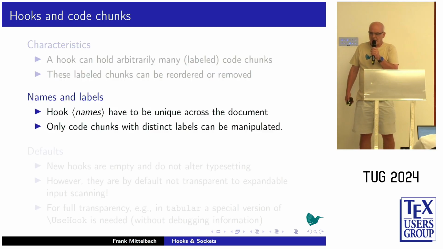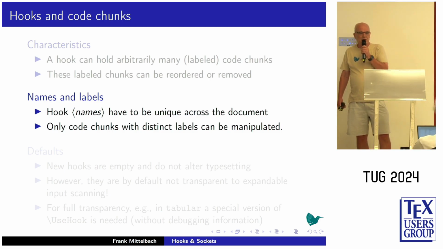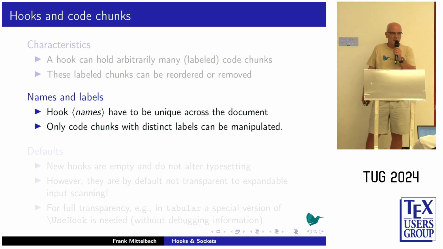The hook names have to be unique across the document. So basically, each hook has a unique name, and there can only be one such hook with a certain name.